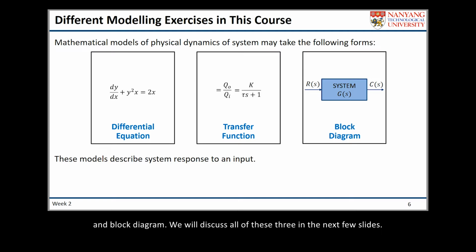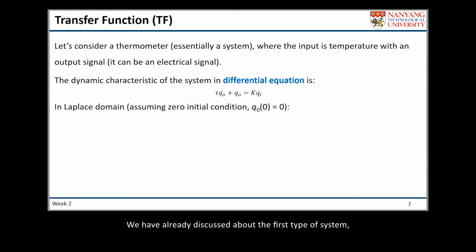We will discuss all three in the next few slides. We already discussed the first type, the differential equation, last week. So let's move to the second type of model, which is the transfer function.